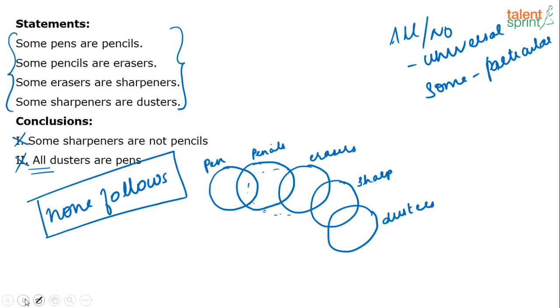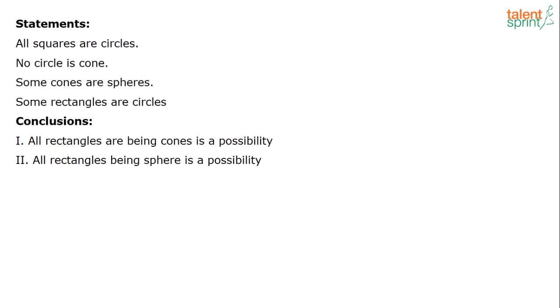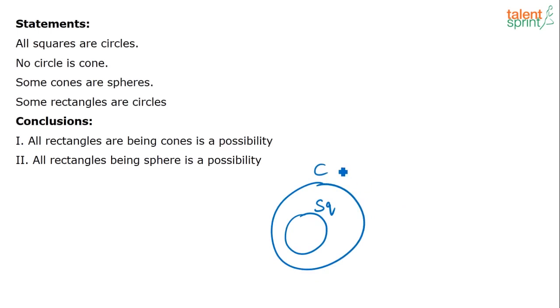So let us look at the next question now. All squares are circles, no circle is cone, some cones are spheres, some rectangles are circles. So here it is a possibility question. Let us try to represent this diagram. All squares are circles, right? No circle is a cone.